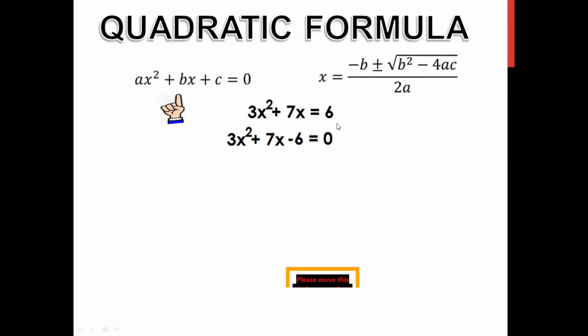So the positive 6, after transposing, we will get the negative 6. Then after that, we will take the coefficients in our equation: our a, our b, our c. So the value of our a is positive 3, the value of our b is positive 7, and the value of our c is negative 6.